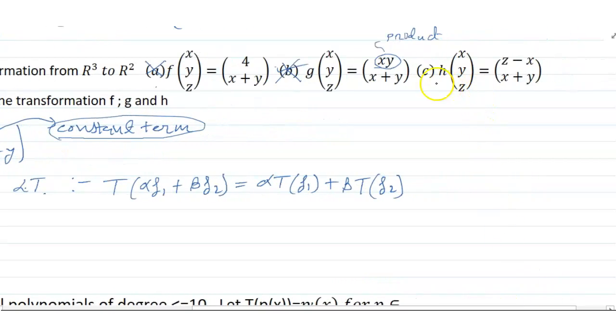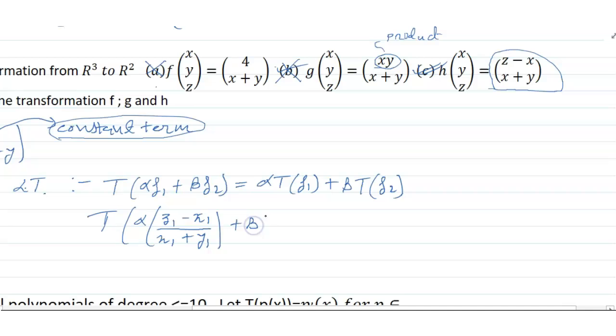Let's go to option C. You will see that it is not a product, not a constant term, so it is a linear transformation. But I will check here whether I am correct or not. If I multiply this way, f1 means z1 minus x1 divided by x1 plus y1, plus beta into z2 minus x2 divided by x2 plus y2.